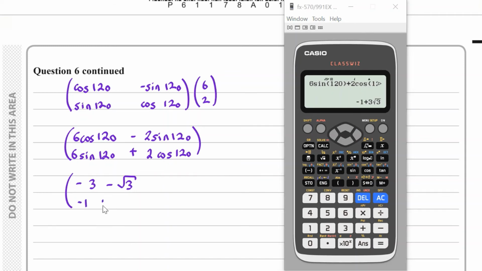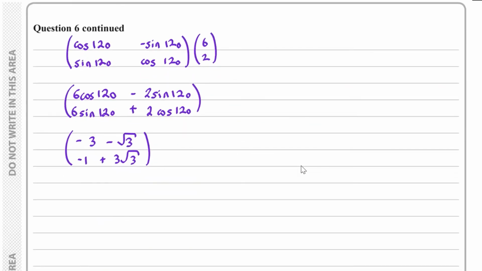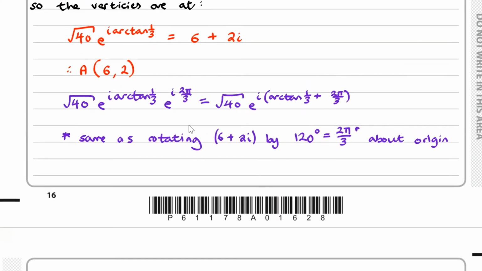We get minus 1 plus 3 root 3. And therefore, the coordinates of B are minus 3 minus root 3 plus minus 1 plus 3 root 3 i. And we'd have to do the same thing with the other coordinate.